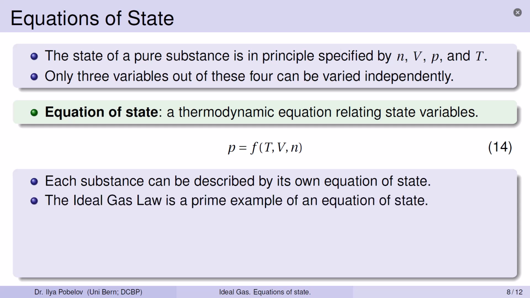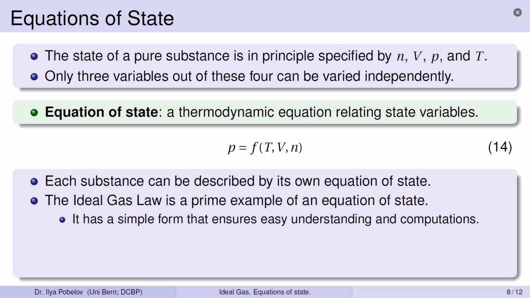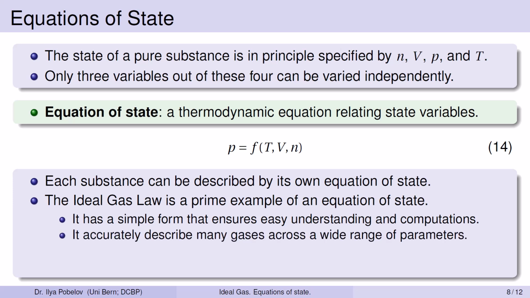One example of the equation of state that stands out is the ideal gas law. Why do we emphasize the ideal gas law in our course? For the following reasons. It has a simple form that ensures easy understanding and computations. It provides an accurate description of a multitude of gases across a wide range of parameters.